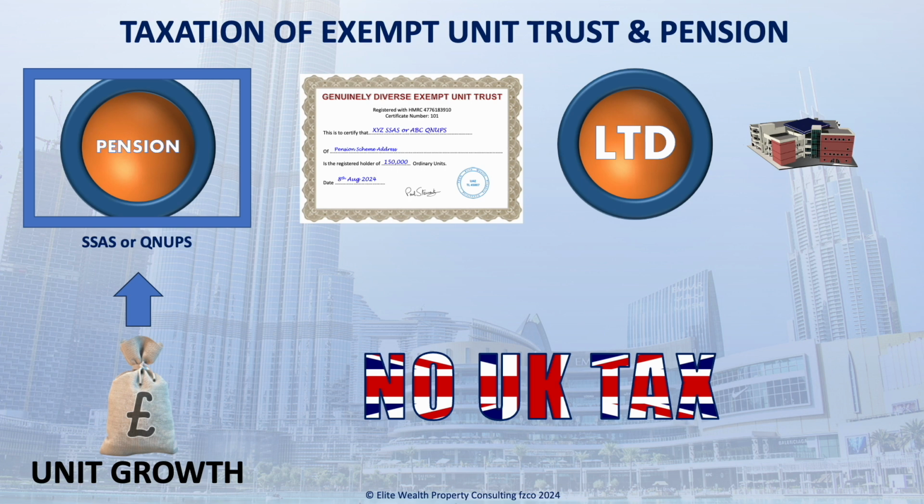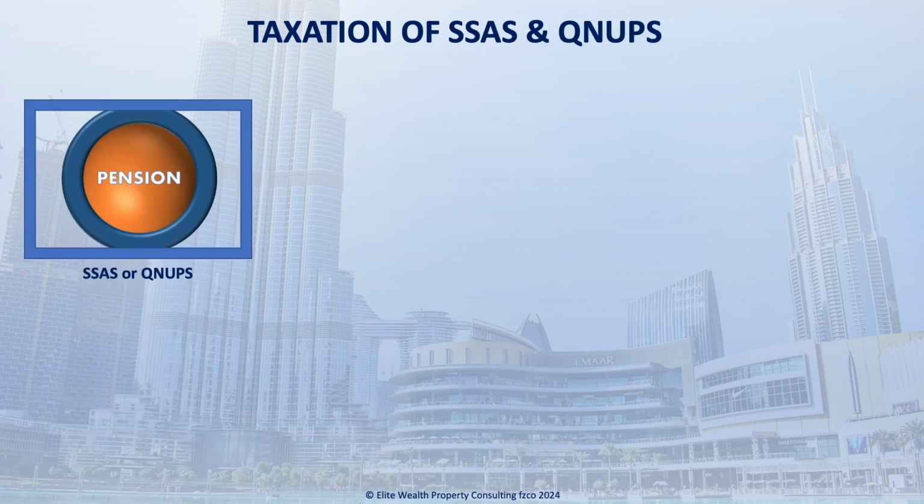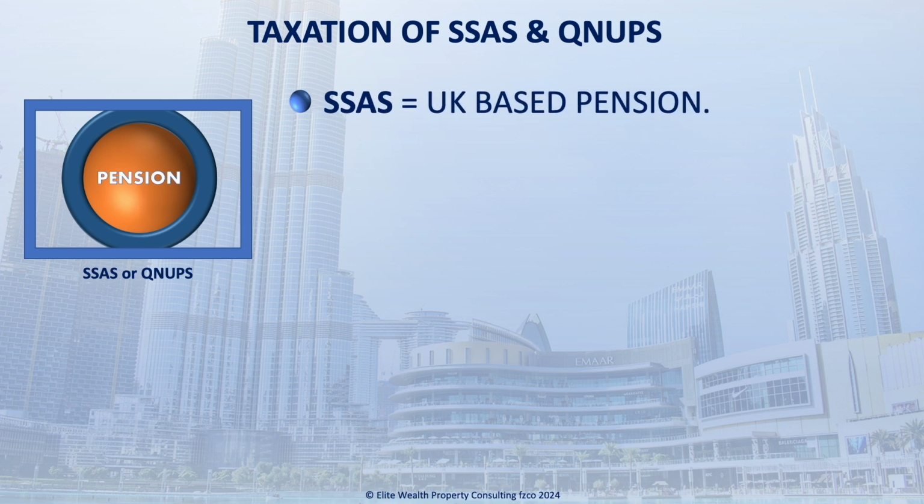So I hope that that's of some benefit to you. Our job is to look at the different pension arrangements, and if we're looking at a SAS, it's a UK pension. You may well live in the UAE, or you may well live anywhere in the world, but still have a UK-based company. You may have UK-based pension schemes from previous employment. Those can all be moved into a SAS, and the SAS can buy units in the unit trust.